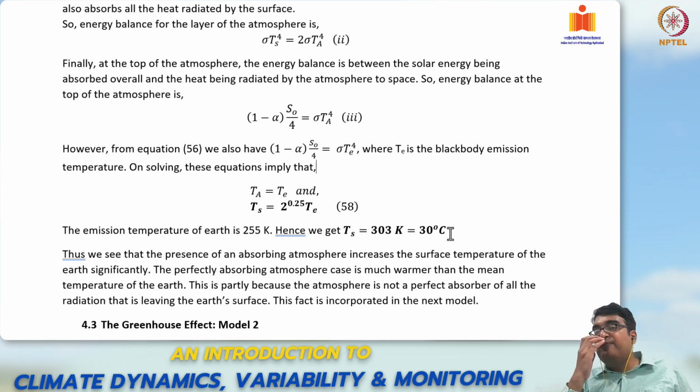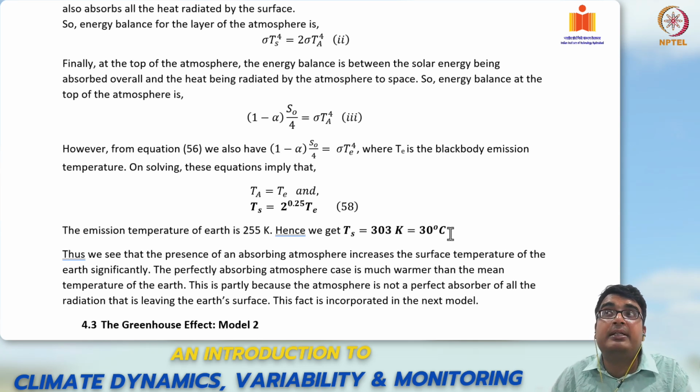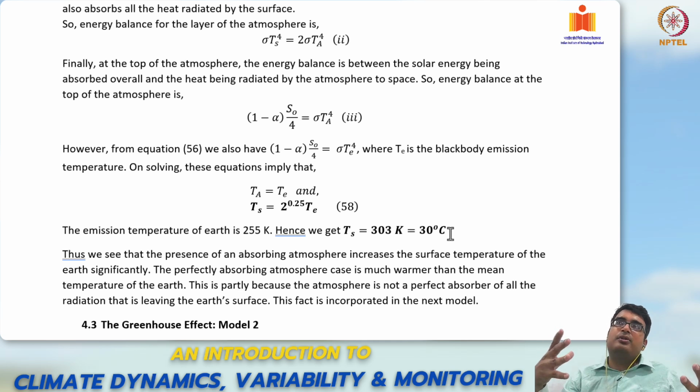So in this model, if our planet had a single isothermal atmosphere which is perfectly absorbing all the thermal radiation coming from the surface of the Earth, then the mean surface temperature would have been 30 degrees centigrade. Okay. So you can see in this simple model already how the greenhouse effect, which is basically the effect of the atmosphere absorbing thermal radiation coming from the surface, is increasing the surface temperature of that planet.